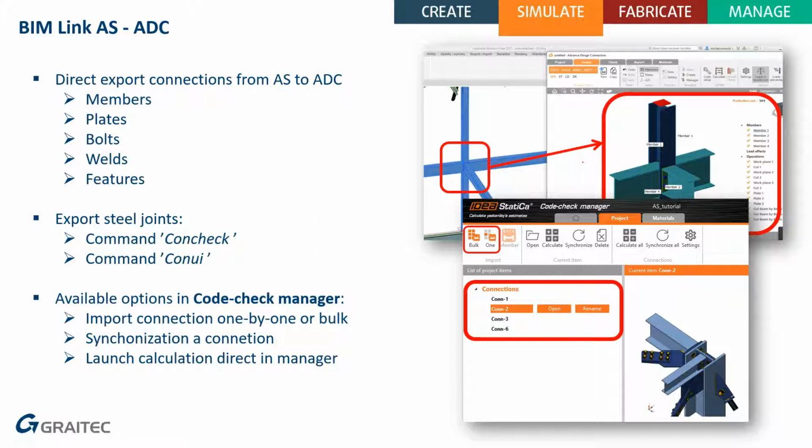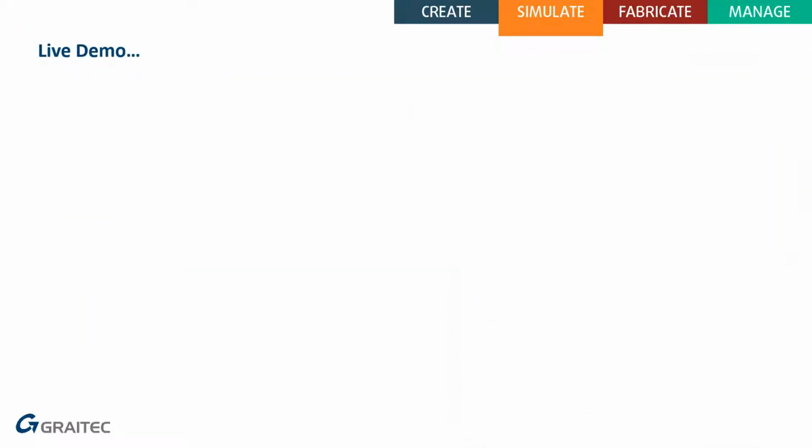We can synchronize the connection or launch the calculation. Let's go to Advanced Steel. I'm going to show you how to export a connection prepared in an Advanced Steel model to Advanced Design Connection and calculate it.